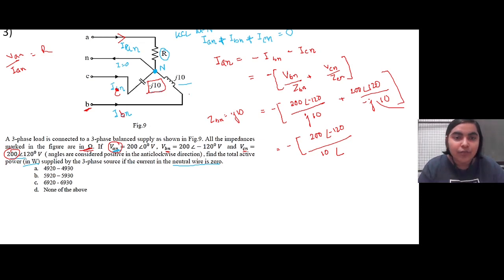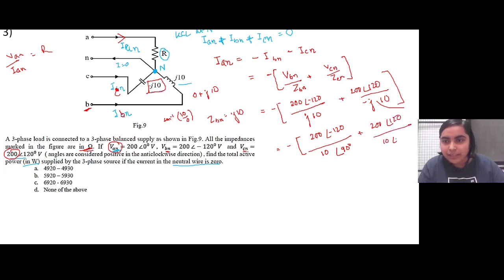It is 90. Here it can be written as 0 plus j10, so tan inverse of 10 by 0, which is tan inverse of infinity. So it is 90 degrees. Clear, right? And for this it is minus infinity, so we'll have to write it as minus 90 degrees.